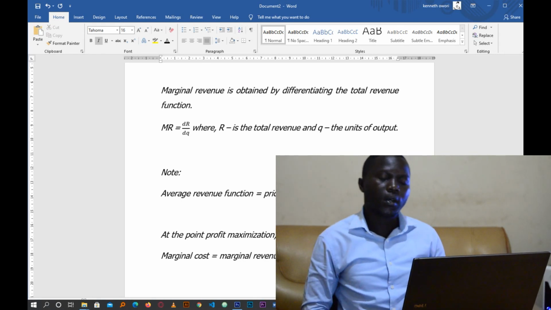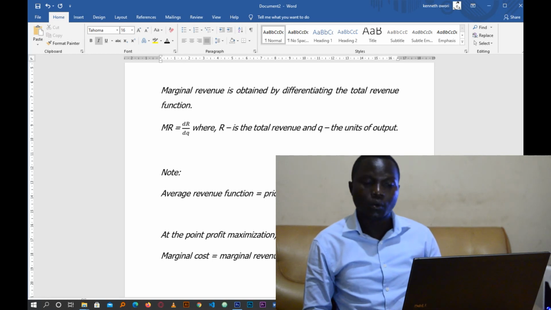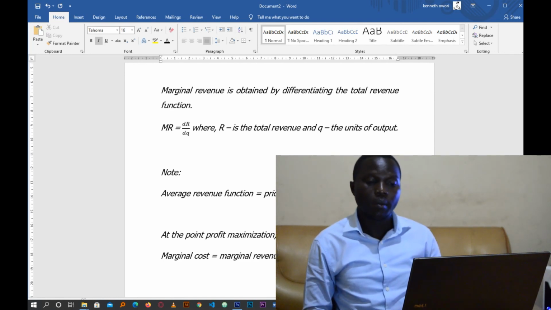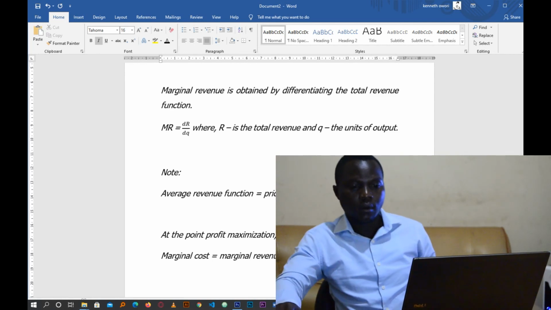When you equate marginal cost to marginal revenue and work out the quantity, that quantity would be the profit maximizing quantity. That is the quantity at which marginal cost is equal to marginal revenue, as we shall see when we are moving on.